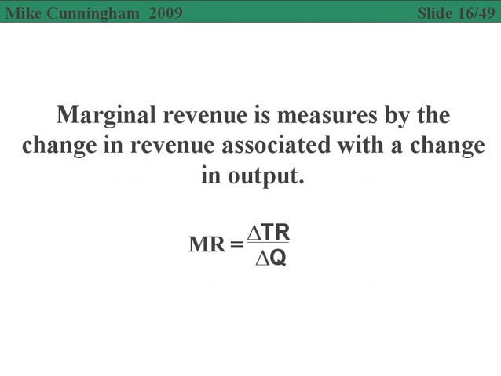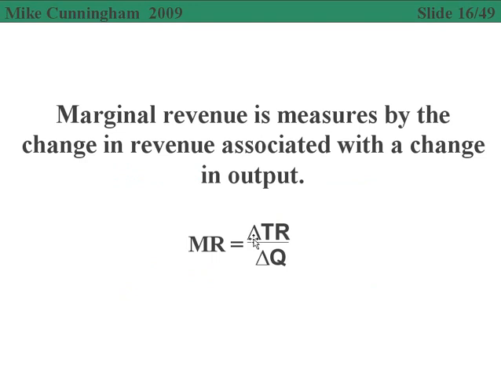So if we do that in this expression here, the marginal revenue, MR, is equal to delta. Delta is the Greek letter for D, but it's the Greek letter which we use to represent change, the change in.